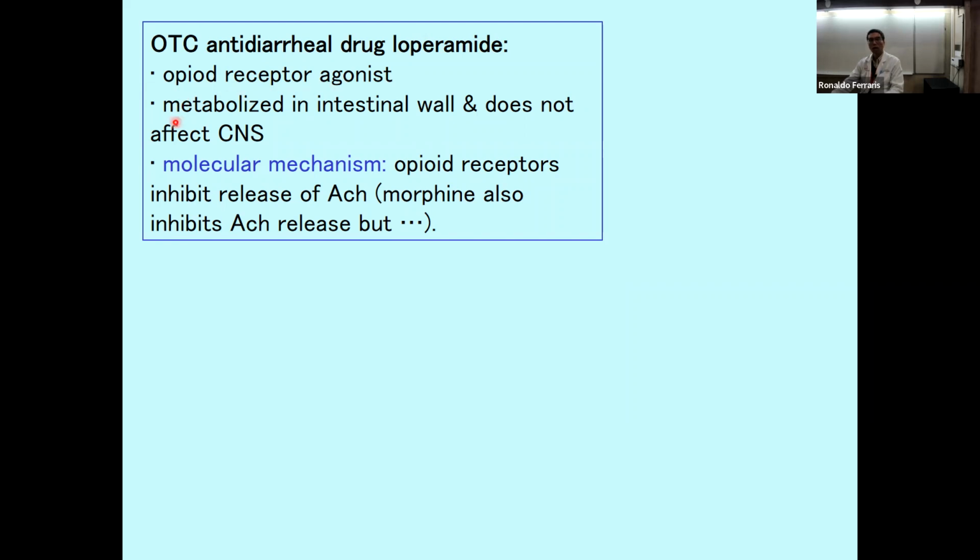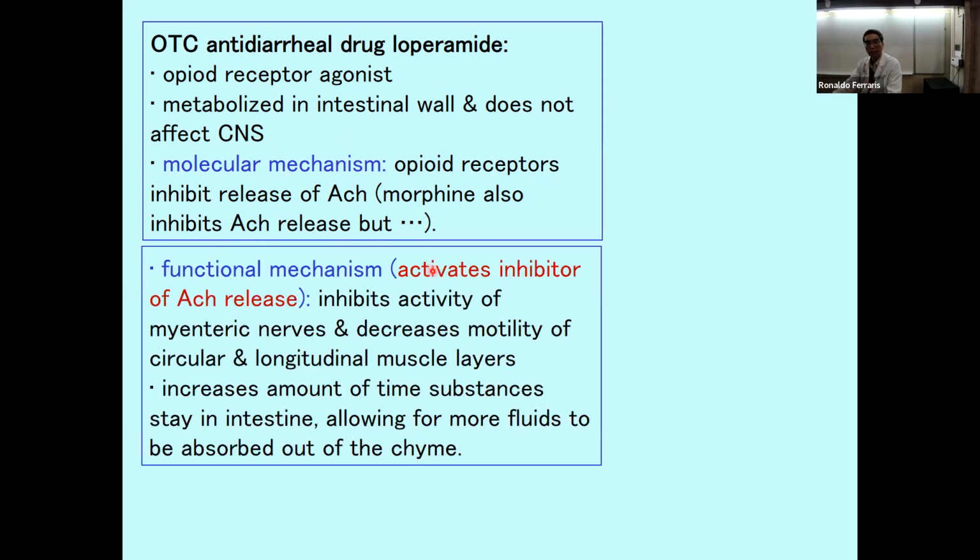Imodium is actually an opioid, and it's metabolized in the intestinal wall and has minimal effects on the central nervous system. The molecular mechanism underlying the antidiarrheal effect of loperamide is the fact that opioid receptors inhibit the release of acetylcholine. In other words, it activates the inhibitor of ACH release.